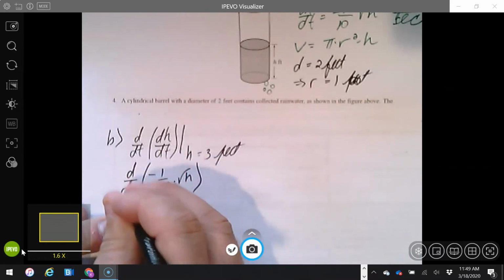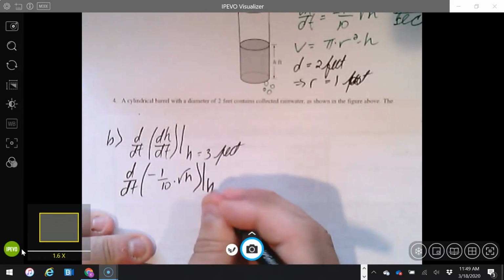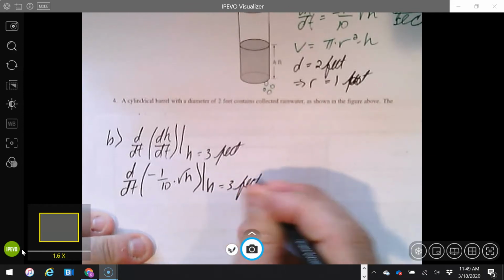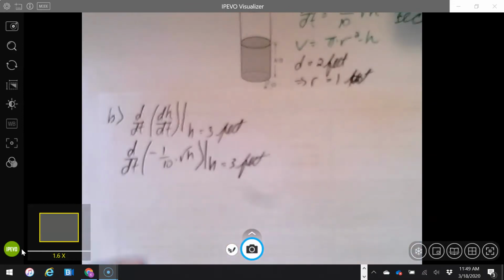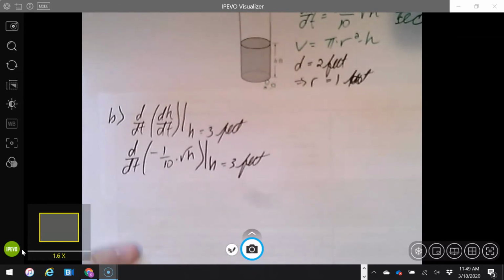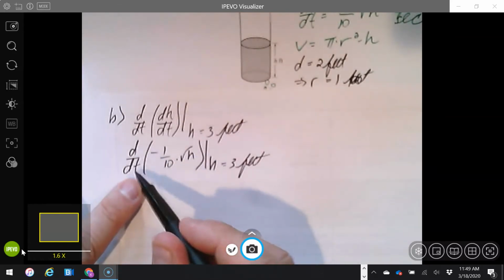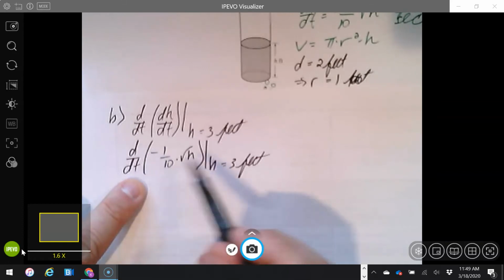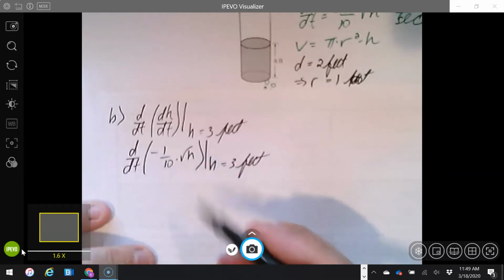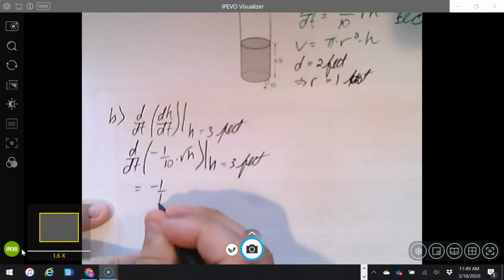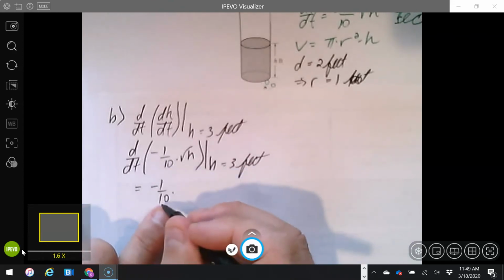And I want to find the derivative with respect to t at h equals 3 feet. So, you're going to want to be really careful here. We're taking the derivative with respect to t, but the variable over here is h. So, well, the negative 1 over 10 is a constant.